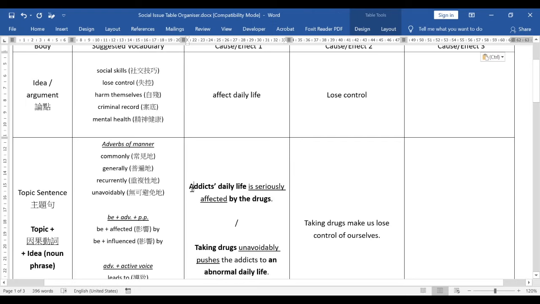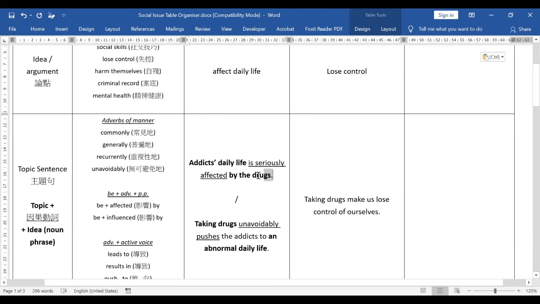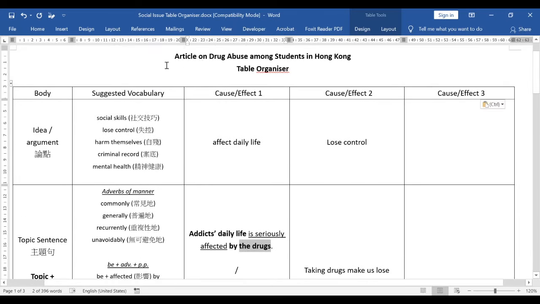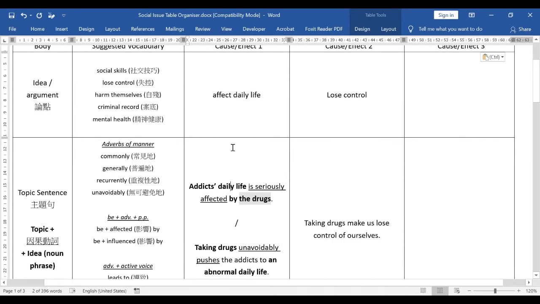Any words that mean drug abuse can be your topic. And for example, I use a passive voice. So this is the topic, the drugs, right? It's talking about drug abuse. And then the idea is addicts' daily life is seriously affected. So this is already a topic sentence.